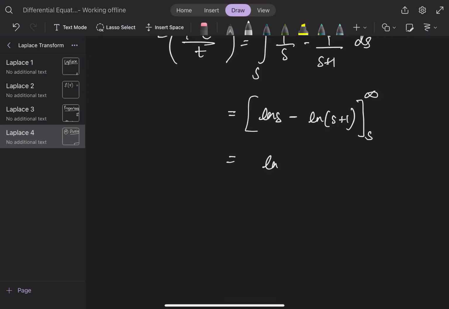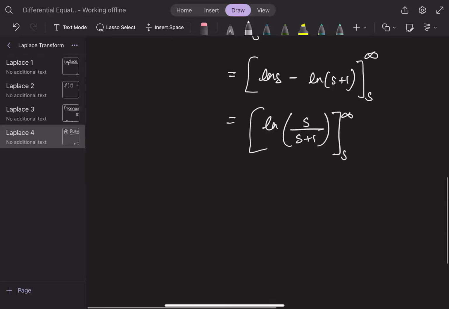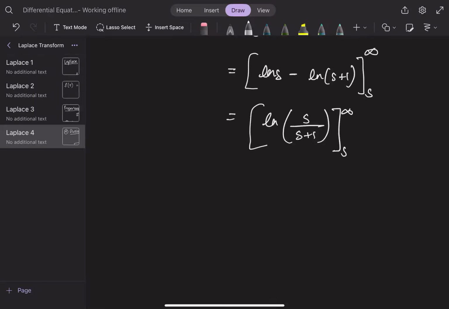So we can write this as ln of s divided by s plus 1, integral s to infinity. Now since we have infinity, we want to try to create 1 upon s, so we can write that as 0. So let's divide this entire thing by s. So divide the numerator by s, you get 1, and divide the denominator by s, you get 1 plus 1 by s.